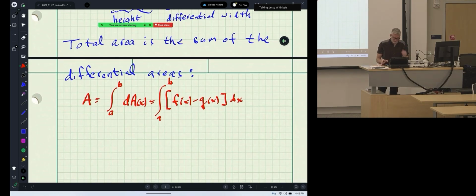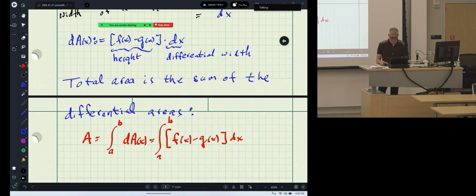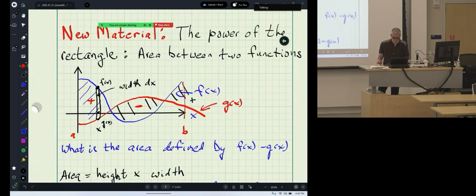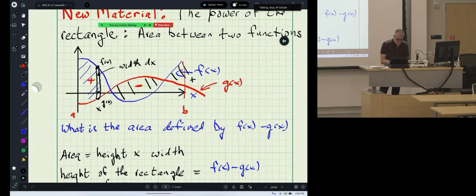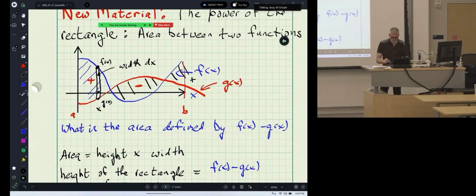Okay, so once you know how to define the Riemann integral for just a function, and when we were doing it for a function, effectively we had g of x equal to 0, and our rectangle height was always f of x minus 0, which is f of x. Extending it to finding the area with more interesting shapes is exactly the same calculation.